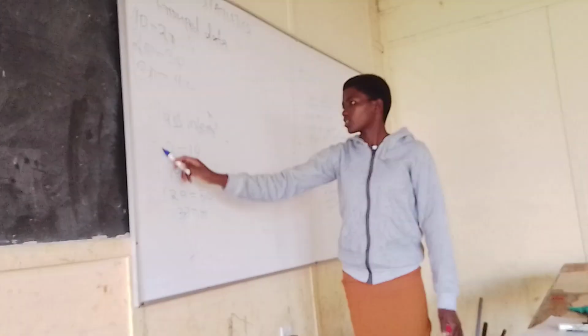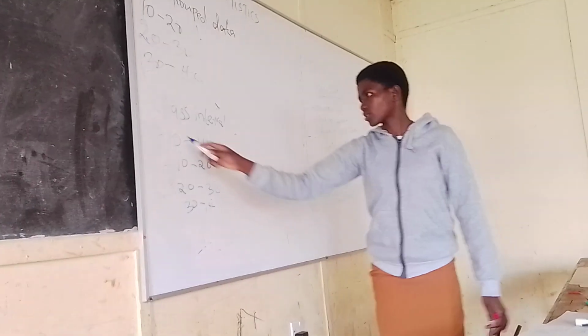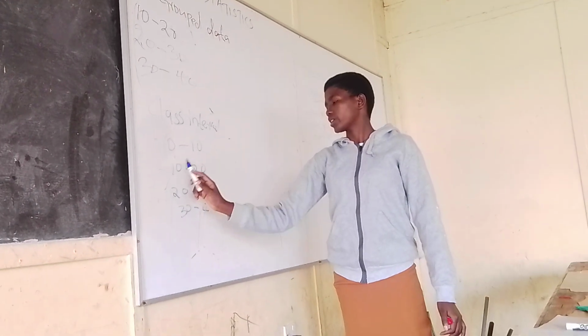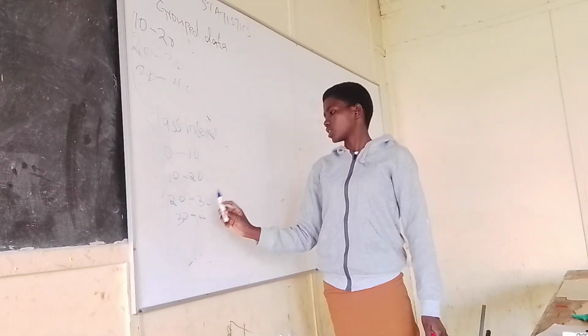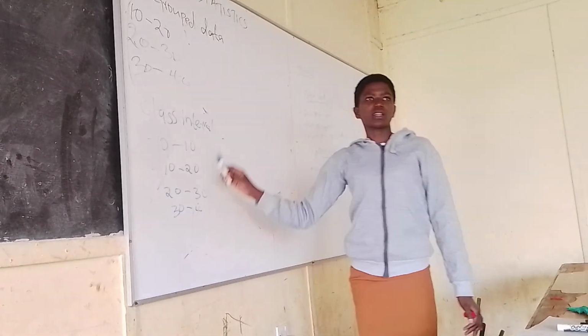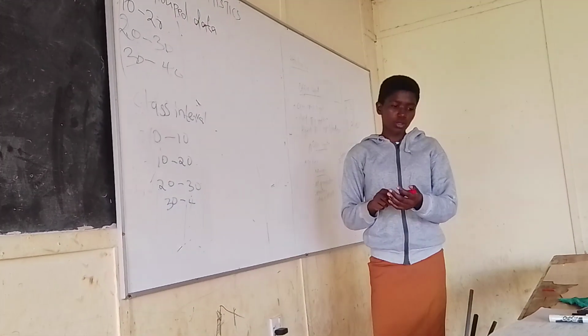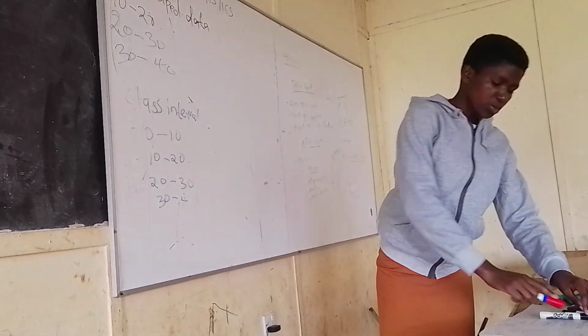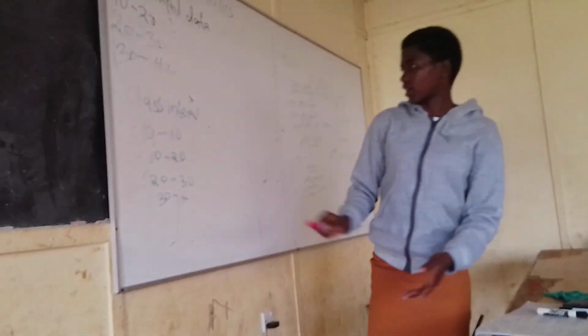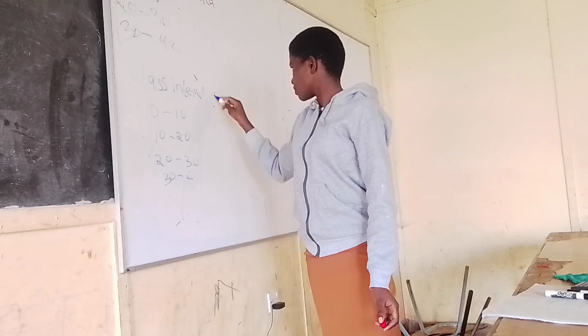So this is the data we have. They are in groups from 0 to 10, 10 to 20, 20 to 30, 30 to 40. After being given this information, you have to know how many people are from 0 to 10. That is frequency.